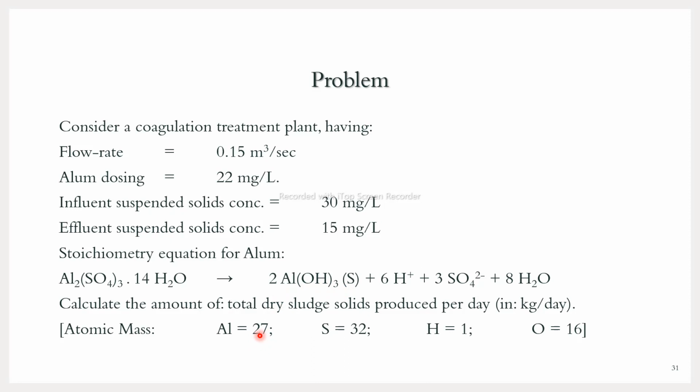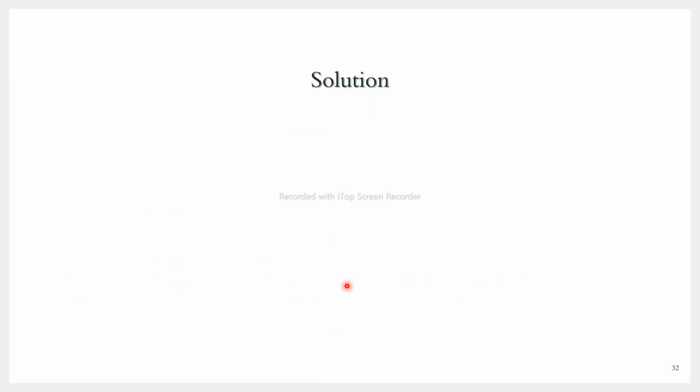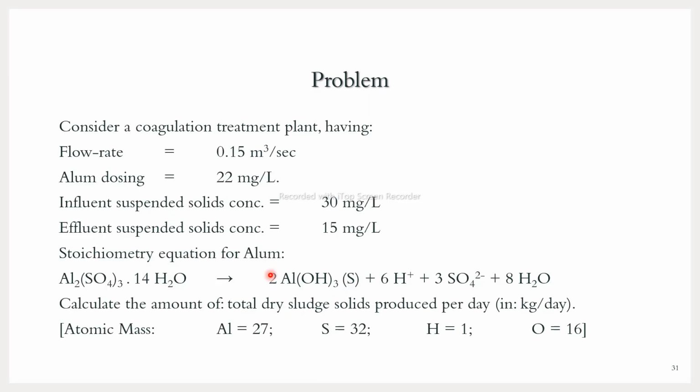So 27 plus 17 into 3 within bracket, whole into 2. In this way 2Al(OH)3 will come. That will be the mass of the dry solids produced from the alum. So the alum's molecular weight, that is 594, came this way.